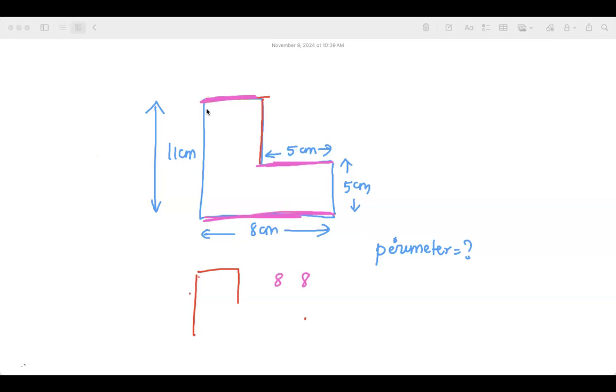And then the standing line. I added that, so I'll add 11. And then I added the 5 to the side. This one and that one will account for 11. How much is the perimeter?